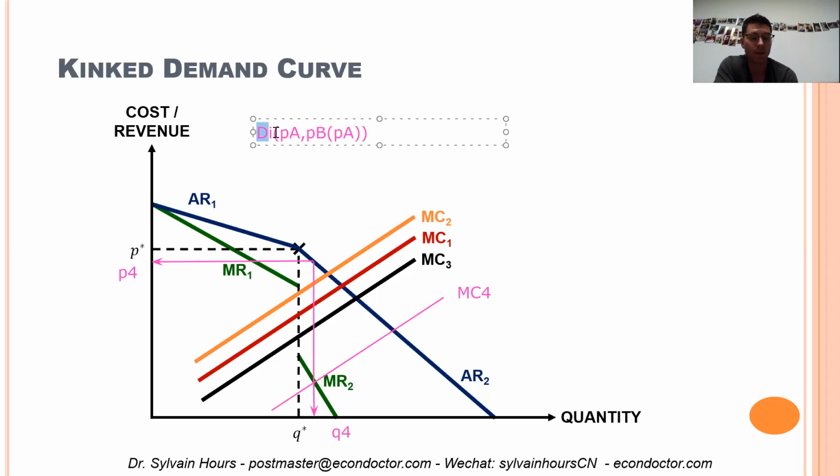It works for sure in a homogeneous oligopoly. I don't see why it would not work in a differentiated oligopoly. There is no reason for which this model would not apply to the case of a differentiated oligopoly. I can't think of any reason for which this model would not be relevant in the case of product differentiation.